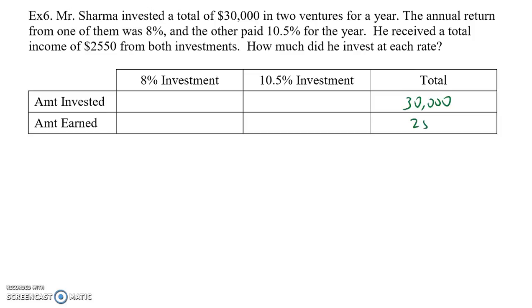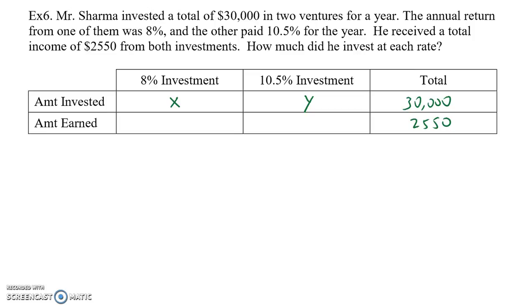So we can add that in as well. The amount invested in each venture, each account, those are the unknowns in this problem. So we want to know how much was invested at 8%, how much was invested at 10.5%. So let's just call one of them x, call the other one y.